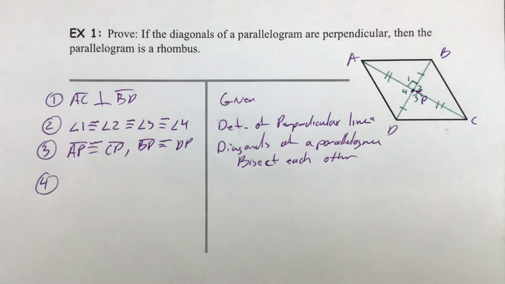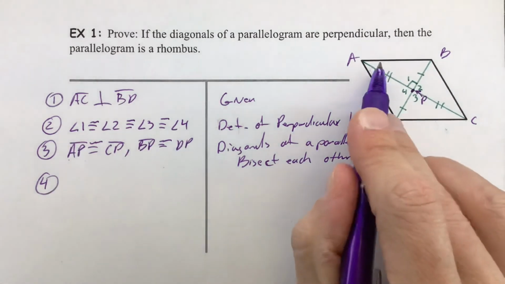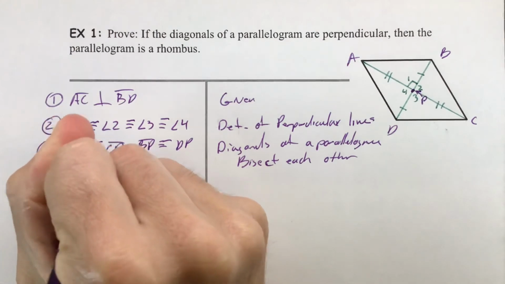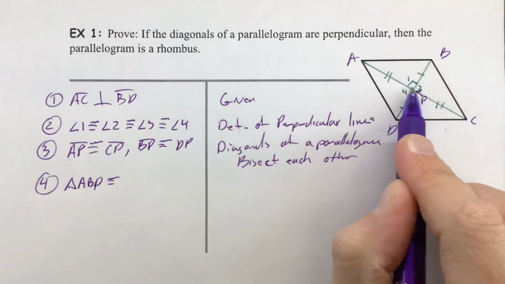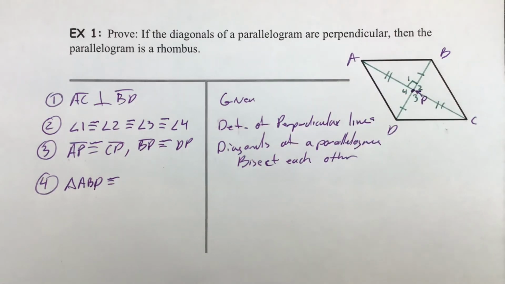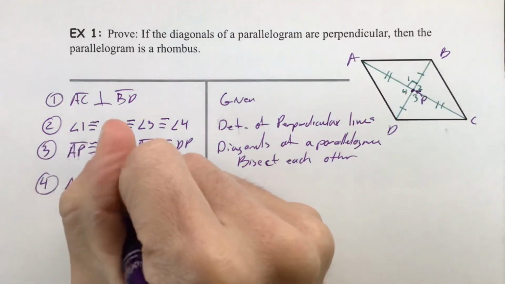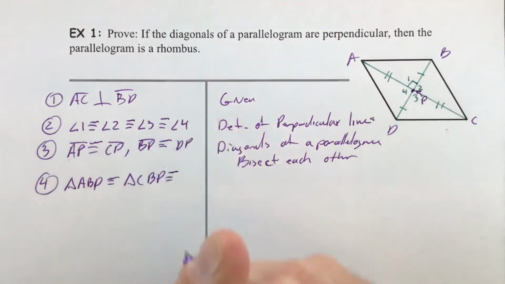Okay, so we're going to write sort of like a really extended out congruent statement here. We're going to do ABP, okay, ABP is going to be congruent, and if we follow this the right way, it's going to be CBP, which is going to be congruent.